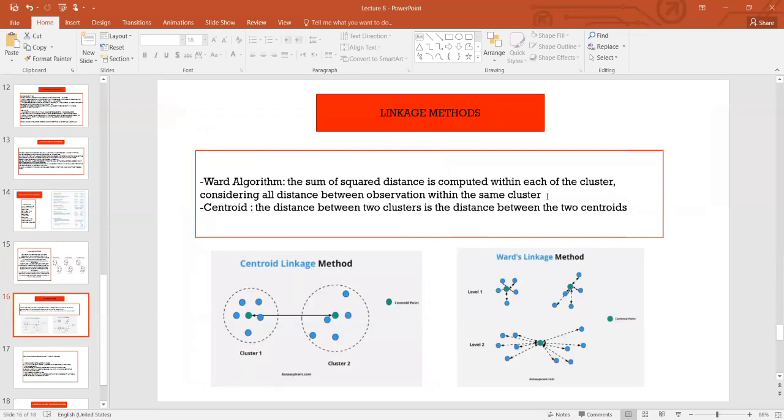The sum of squared distances is computed within each of the clusters, considering all distances between observations within the same cluster. هي جمع المسافة بقلب الكلاستر. Centroid, the distance between two clusters is the distance between the two centroids. المسافة بين المجموعتين هي ذات المسافة بين هدول التو centroids.